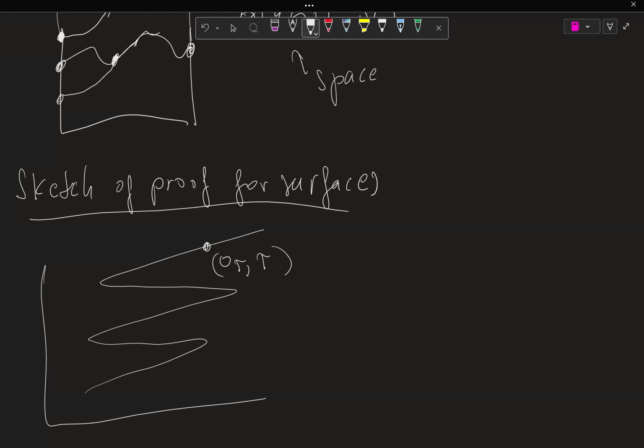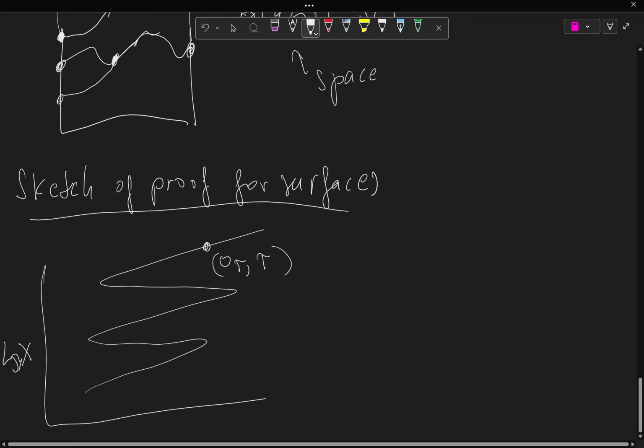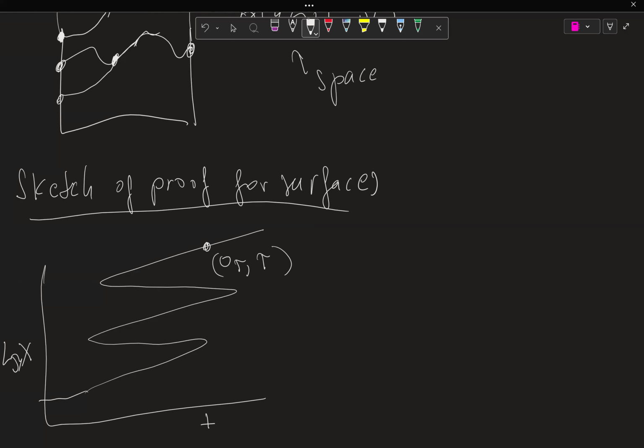Okay, so let's say this is a slightly different picture. This is now L beta x, and this is time. I'm basically just graphing f. And right, basically as tau goes to infinity, we have the length of O tau going to infinity, but they're all geodesics.